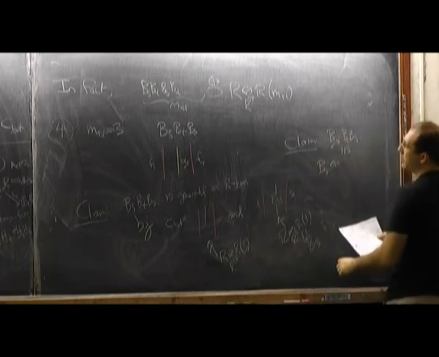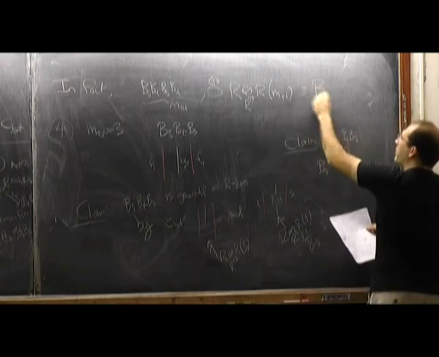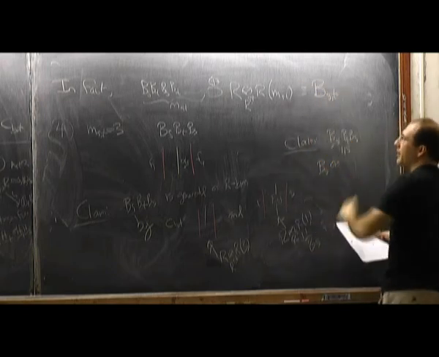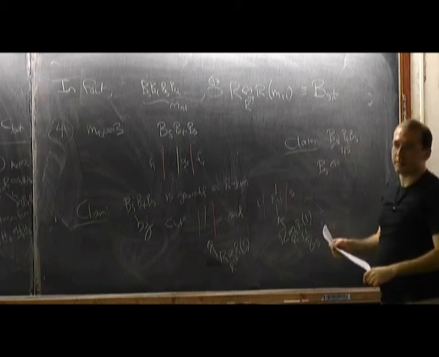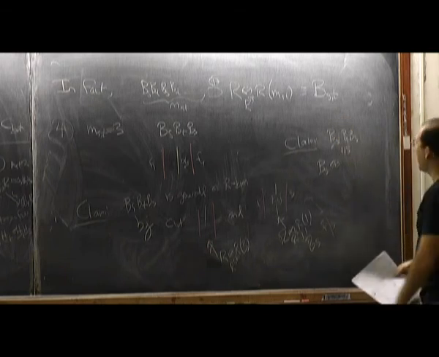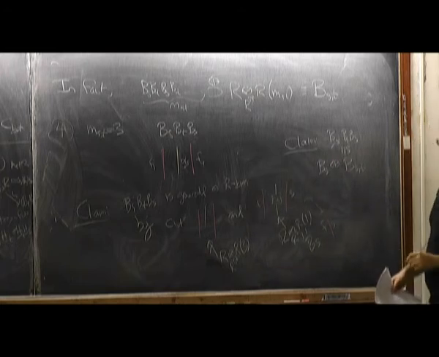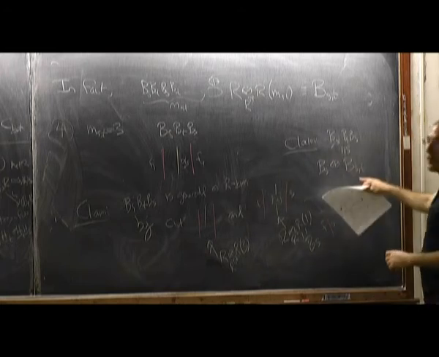So actually, let me introduce some notation. Just for fun, I'm going to call this B sub ST. Okay? I'll give a slightly more general definition in a sec. But so it's this. Okay, so this is when m is 3.